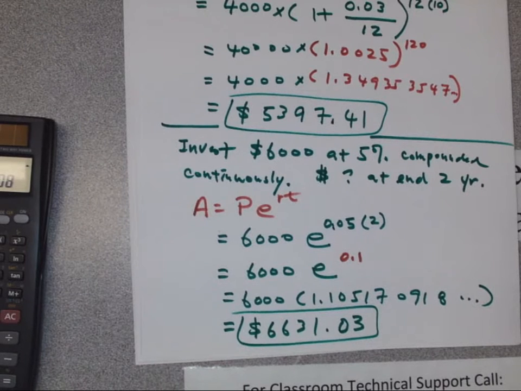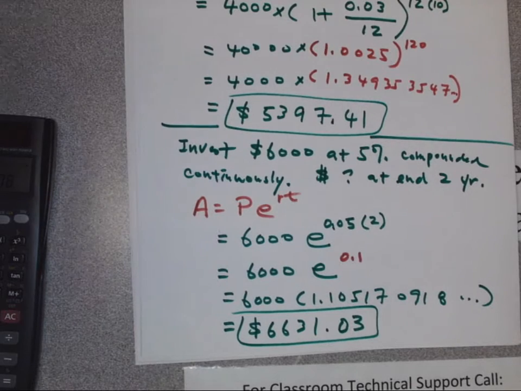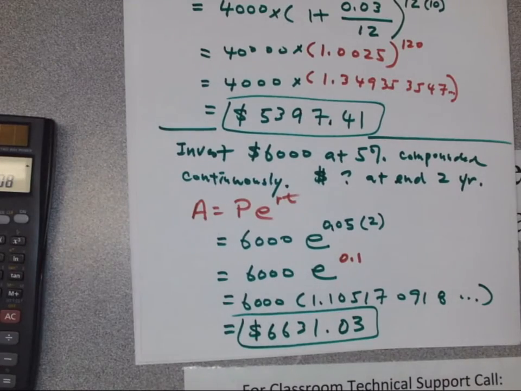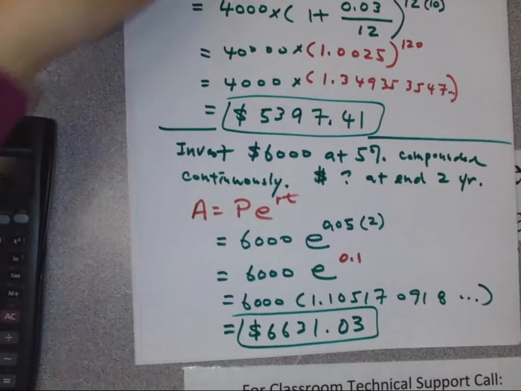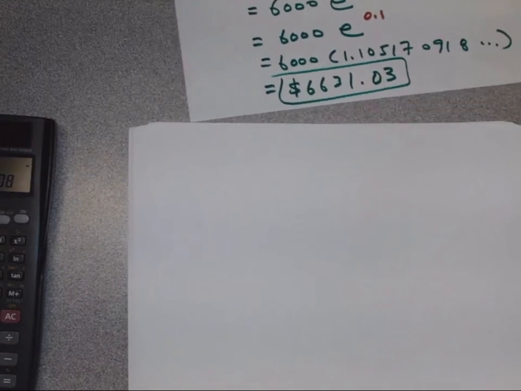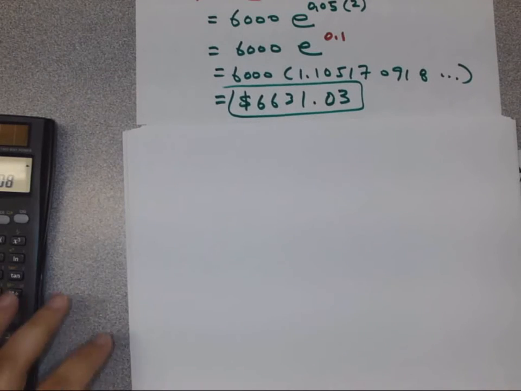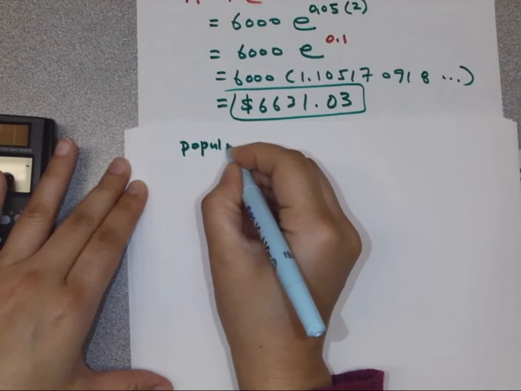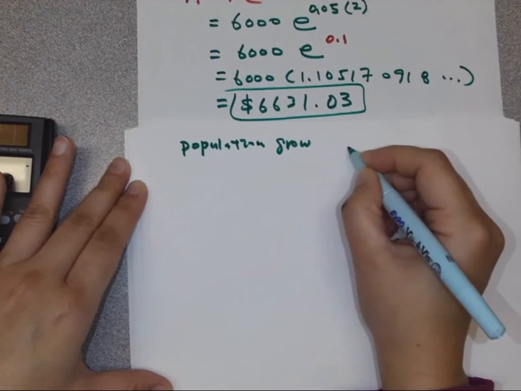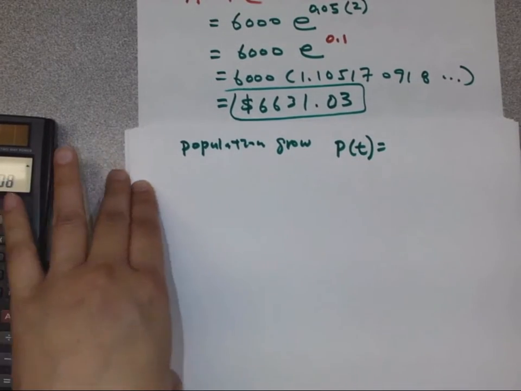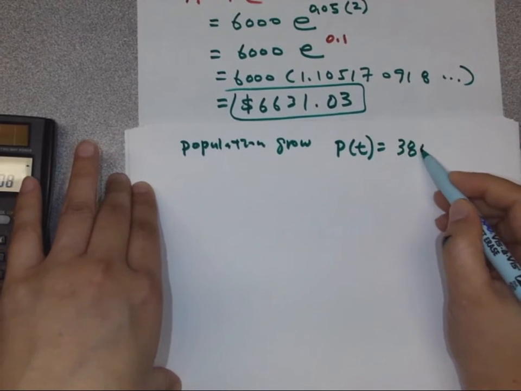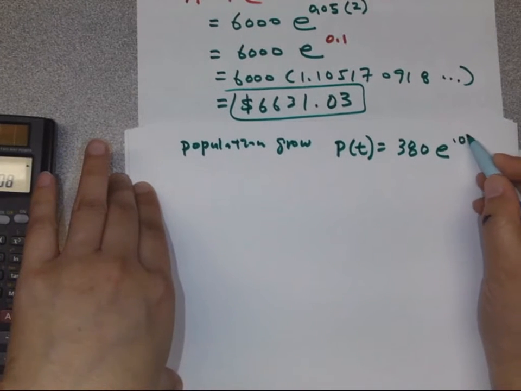And the next question is similar to the one you see in 4.5. So if they give you a population formula, we give you a function and say the population grows following this function, P of t equals 380 e raised to 0.02 t.